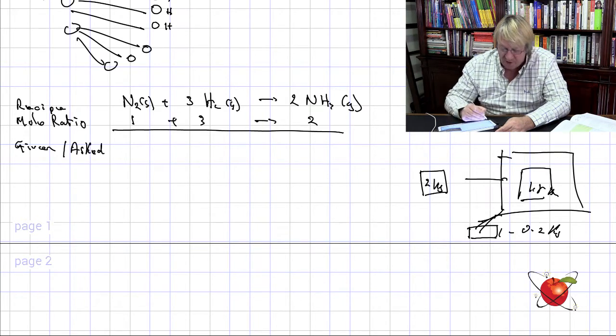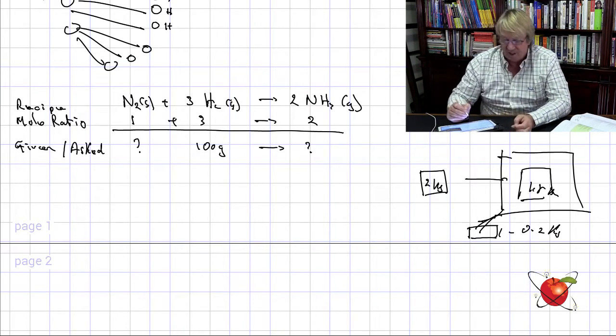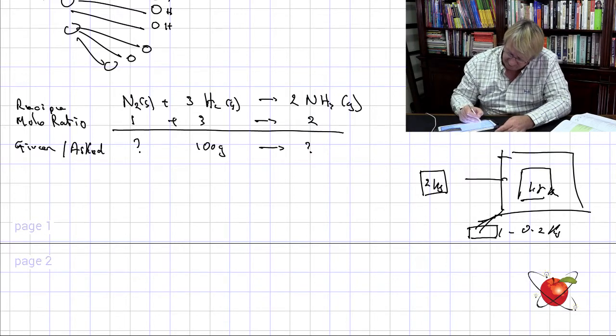Okay? What are we given and what are we asked for? Let us say they say to us that we put in 100 grams of hydrogen. All right? 100 grams of hydrogen, and they want to know how much ammonia and how much nitrogen do we need. Okay? Well, let's work it out.